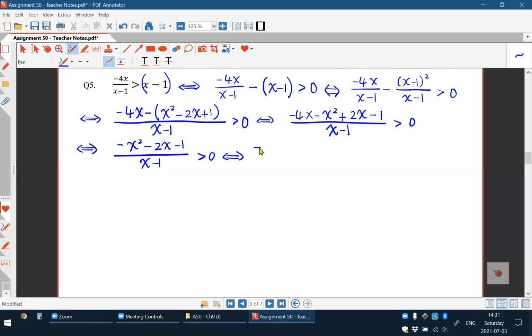If we put the negative sign in front, you can see that in the brackets we have x squared plus 2x plus 1, right? So what is x squared plus 2x plus 1? Above 0. And this is equivalent to minus, of course, this is (x plus 1) squared, right?